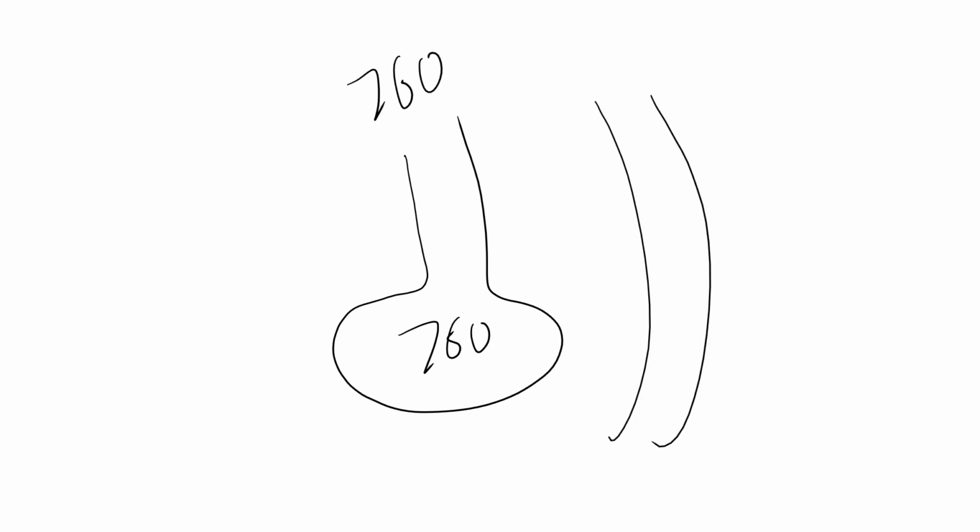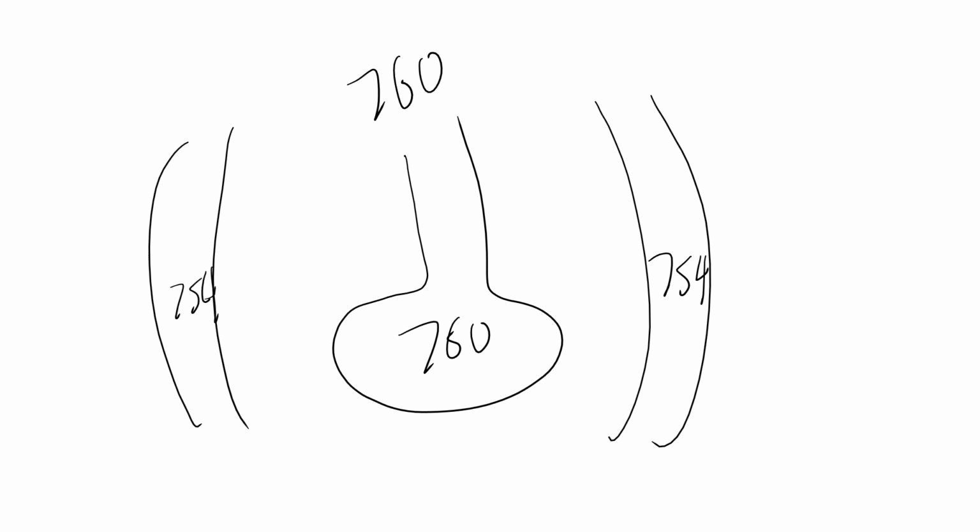All right, so this is the end of inspiration. Intra-alveolar pressure is 760, the same as atmospheric pressure. Intrapleural pressure is 754. So transpulmonary pressure is -6. Okay. Then we begin the process of exhaling.